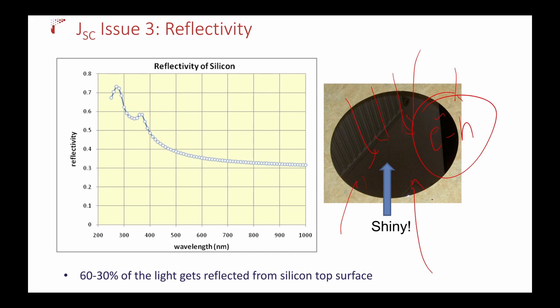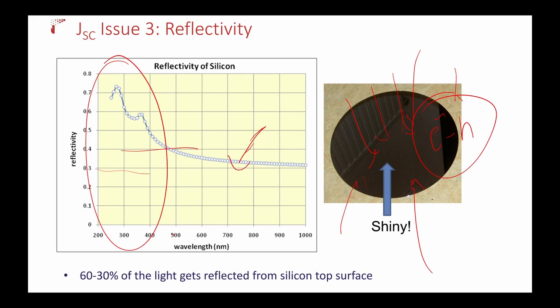The light is reflected most in the UV region, and around 30 to 40% is reflected back from 500 to 1000 nanometer, and this 30% is too much. We do not want any light to be reflected back.